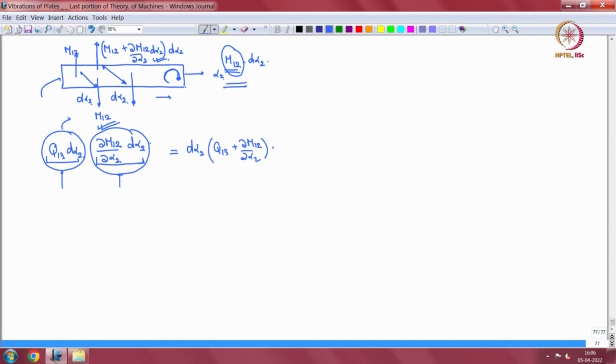Okay. So now if we bring in this combination, let us first see how the boundary condition looks like.